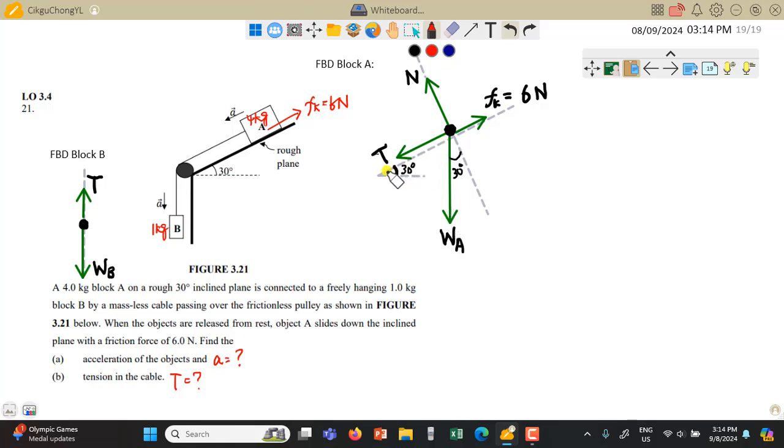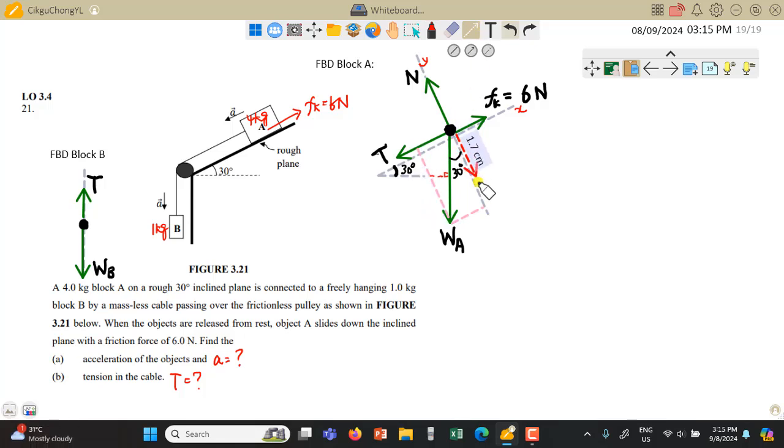So refer to this right triangle. So here is 30 degrees, here will be 60 degrees, so here will be 30 degrees. Okay, so we take along the inclined plane as the x-axis, perpendicular to the inclined plane as our y-axis. So the weight which acts at an angle of 30 degrees, we can resolve into component y and also component x.